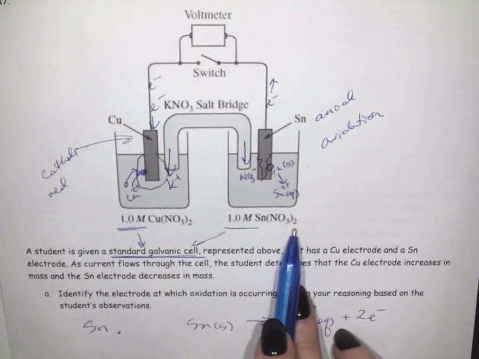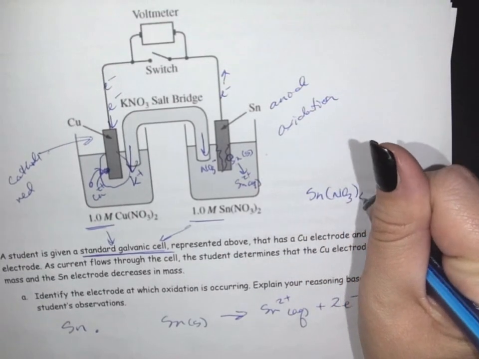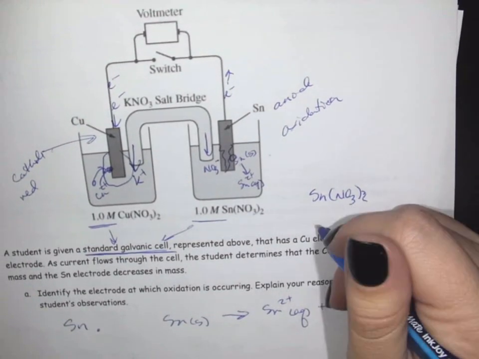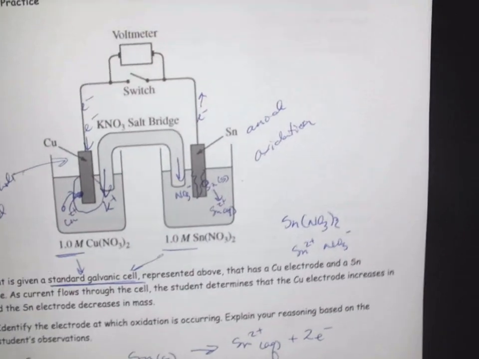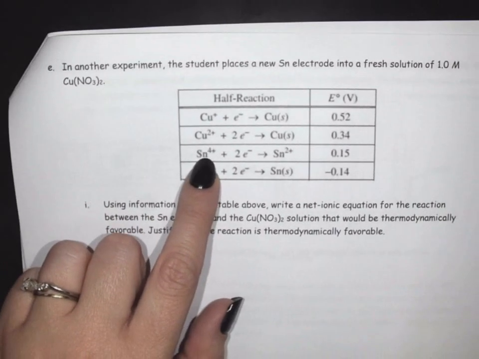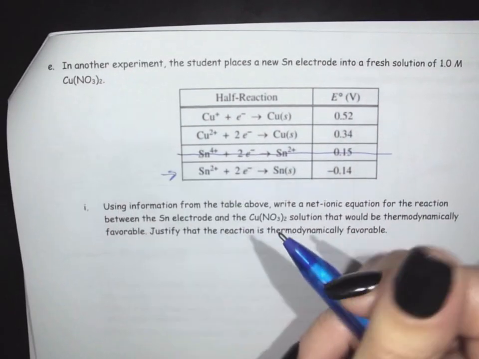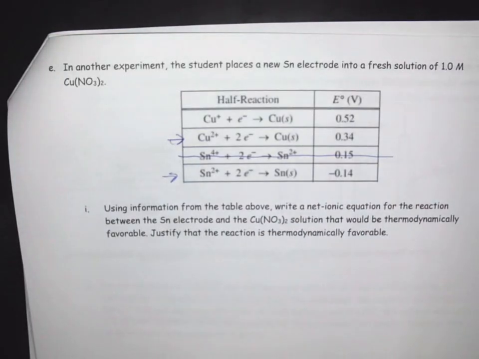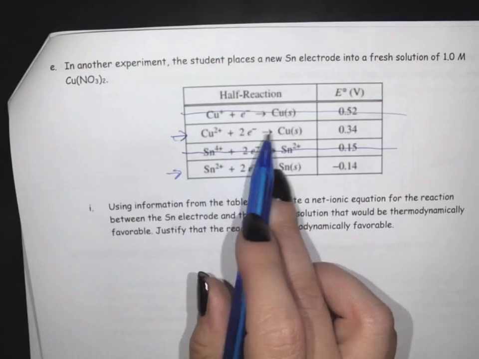Do you see how this Sn(NO3)2 means that this tin was a 2+ because we know our nitrate was a 1-. It's trying to be really tricky because we see this 4+ and we're not using that one. We're using this one because it's a 2+. Similar with the copper, when you go back to the original, we're using this one, not that one.